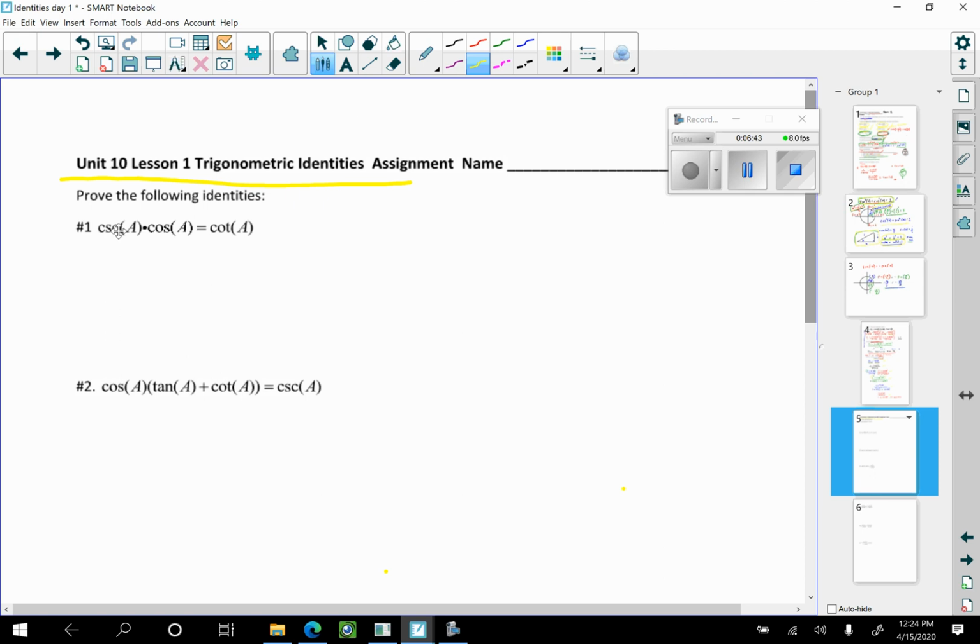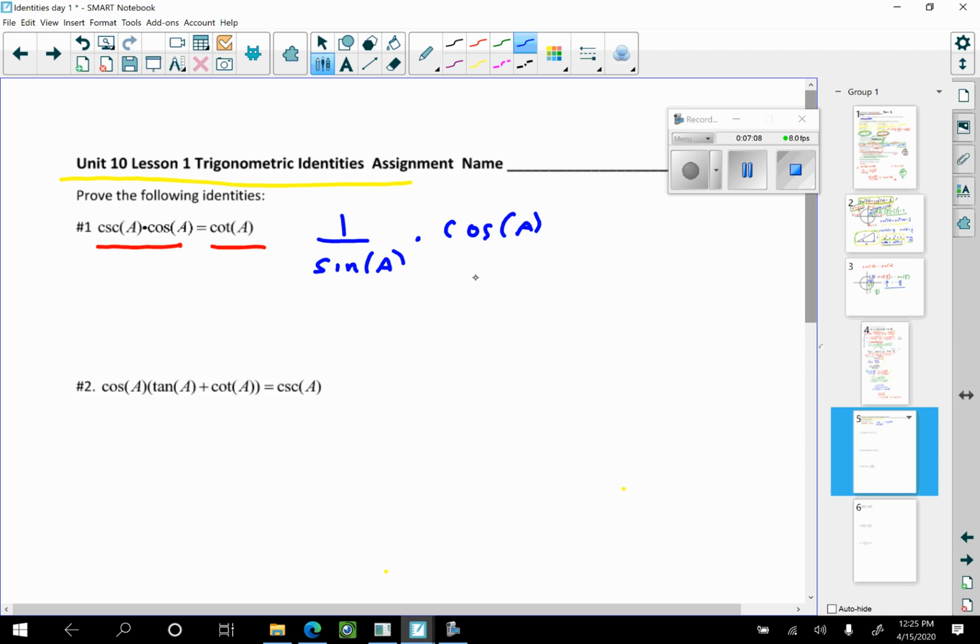So I want to take this particular identity. I want this left side and show that it is equal to cotangent. Step number 1 is take the left side, write it in all terms of sine and cosine. So this is going to be 1 over sine of A times cosine of A over 1.